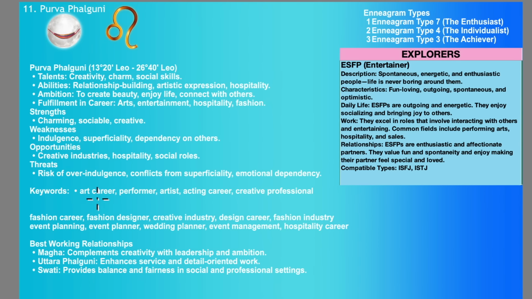So they could be both art and career, like I said, performing, actors and actresses, going to the movie making industry, or even the movie production industry, fashion career. They are fun-loving, outgoing, spontaneous, and optimistic. So outgoing people, because this is the E in the front, right? They are extroverts of the best kind.